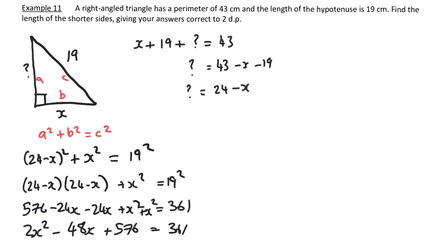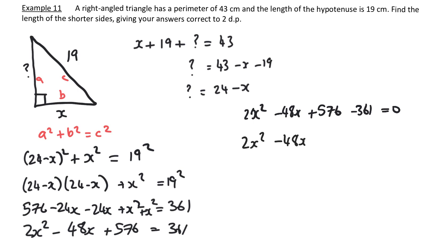So now we've got a quadratic equation which to solve must equal 0. So we could write it as 2x squared minus 48x plus 576 minus 361 equals 0. 576 take away 361 is 215, so we have 2x squared minus 48x plus 215 equals 0.